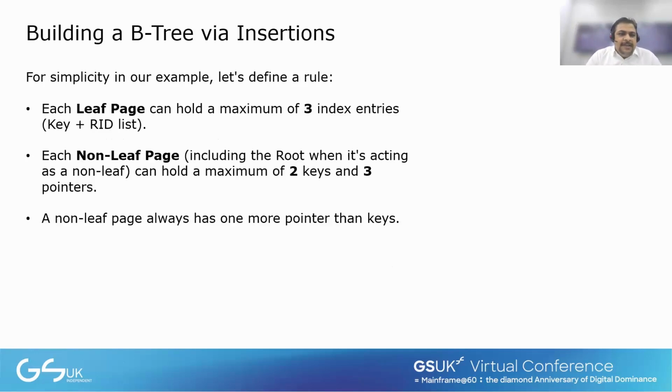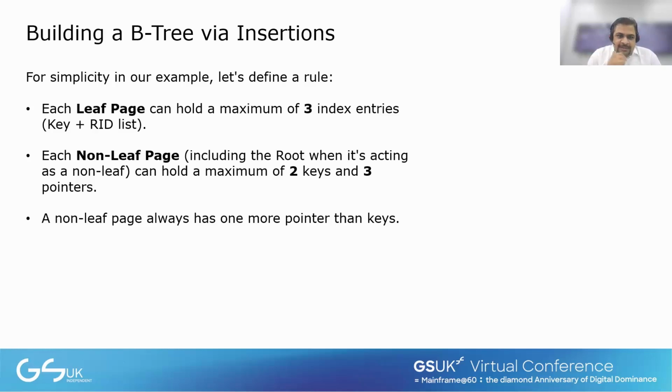Let's go through an example quickly to understand how entries get made into an index and how splits happen at a very generic level. It's not an actual DB2 4K page and entries, but it is analogous to what happens in DB2. Let's say every leaf page can hold a maximum of 3 index entries, and the entries are the index key value and the row ID, or RID.